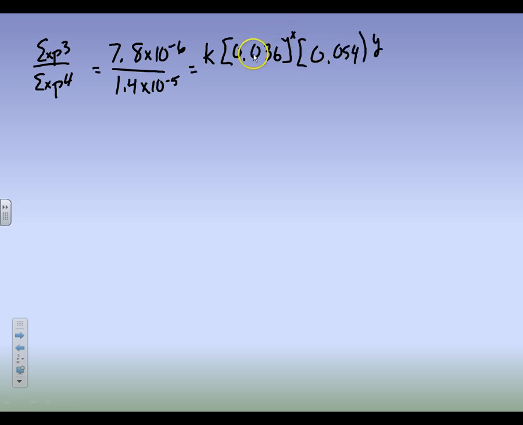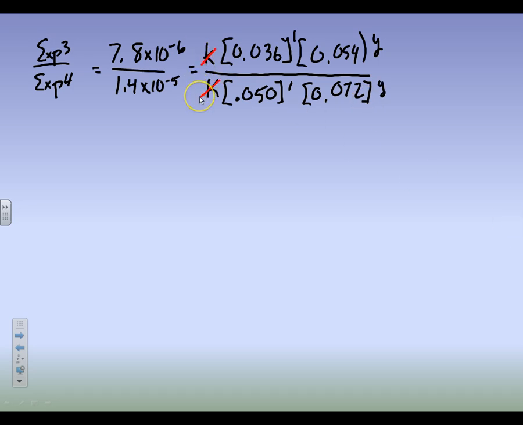I know the value for x, so I do want to put that in. Since I know my x, I'm going to say this is to the first, since these aren't going to cancel out for me, that's kind of important. And 0.072 to the y.